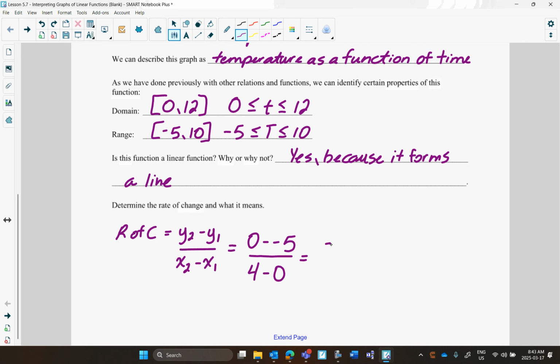That gives me 5 over 4. Remember, we're in an actual situation here, so it's good to convert to decimal. This would get you 1.25.